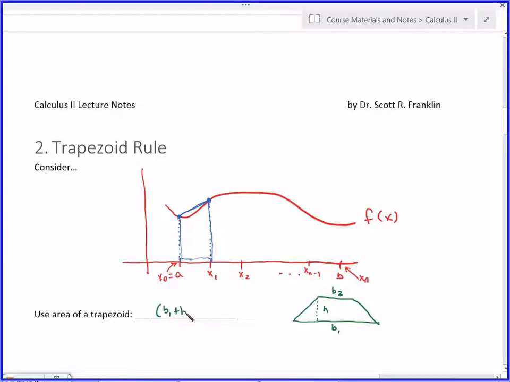One half times base 1 plus base 2, times the height. It's like the average of the bases, right? You take the top base and the bottom base, if you average those, you get the rectangle that has the same size. Okay.